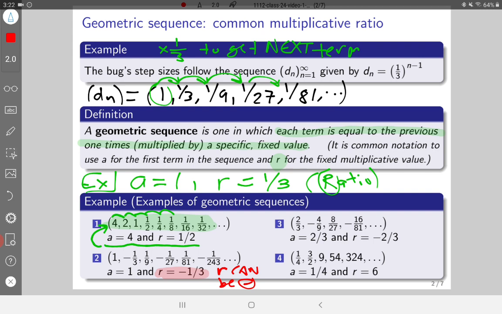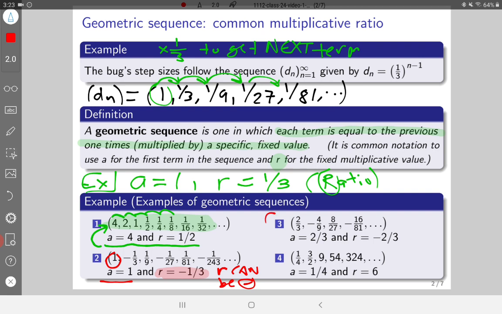So in this example, a is 1, so I start with a 1, and then each time I multiply by negative 1/3 to generate the next term, and so I get negative a third, and then when I multiply negative 1/3 again, I have two negatives making a positive, and then I multiply again and I have a negative, and it's just going to keep alternating in sign. So when I have a negative r like that, that's totally reasonable. It's just going to cause the sequence to alternate plus minus, and so on.